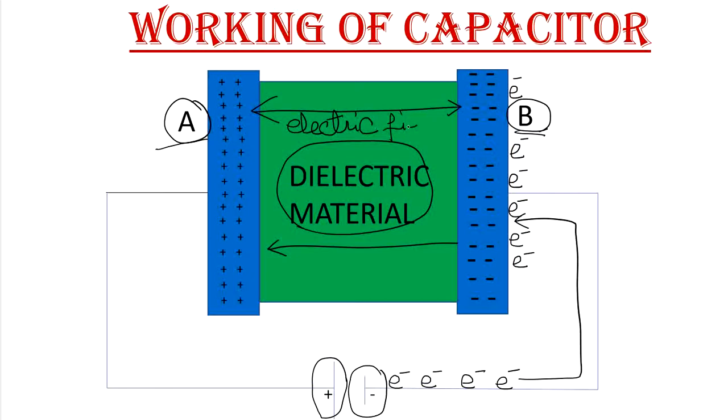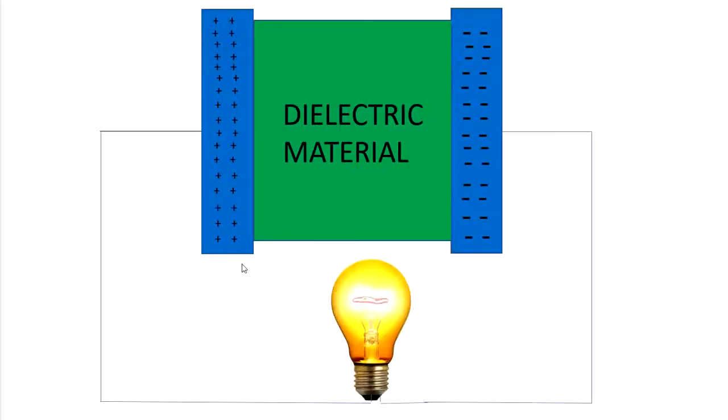And because of this electric field, a capacitor can store electrical charge or electrical energy. Now, when we disconnect the capacitor from the voltage source and connect it with a bulb, then the stored electric energy or charge within the capacitor provides the required power to the bulb to glow.